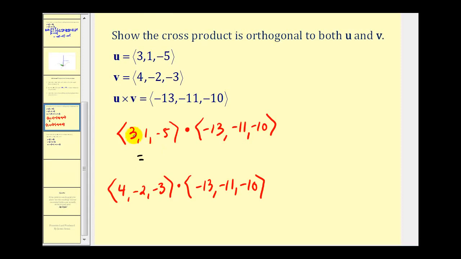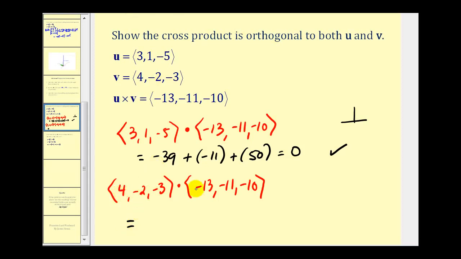Here we'd have 3 times negative 13, that's negative 39, plus 1 times negative 11, that's negative 11, plus negative 5 times negative 10, that's 50. Well, this is negative 50 plus 50, so that does equal 0. So these two vectors are perpendicular. Let's go ahead and check to make sure the cross product is perpendicular with vector v.